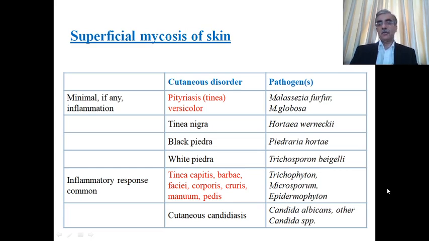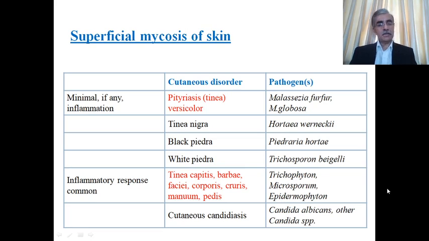The pathogens responsible for these lesions are Malassezia furfur or Malassezia globosa causing pityriasis versicolor, then Hortaea werneckii causing tinea nigra, and Piedraia hortae causing black piedra, and Trichosporon beigelii causing white piedra.